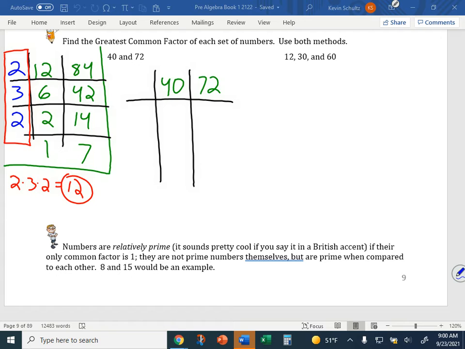And the reason why is because 2 goes into both 40 and 72. We wouldn't want to start with 5 because 5 doesn't go into 72 evenly, right? We're looking for a factor of both of them, and that is 2. Okay? So now our next row here is going to be the quotient of 40 divided by 2, which is 20. And then 72 divided by 2, which is 36. Okay?